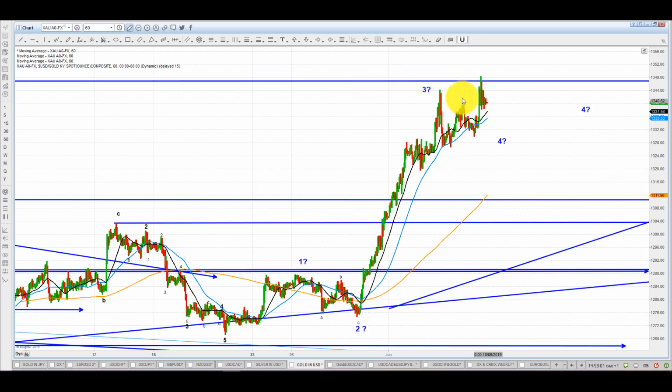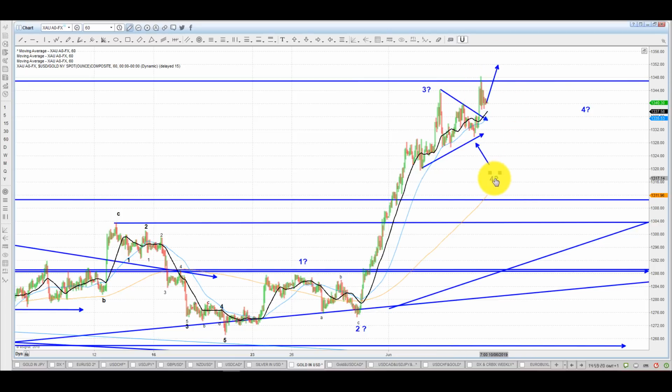But right here, it's a little bit all over the place, as you can see. And another run higher here would probably establish this as the right wave count with the E ending here, with this being an A, B, C, D, E, 1, 2, 3, 4, 5.